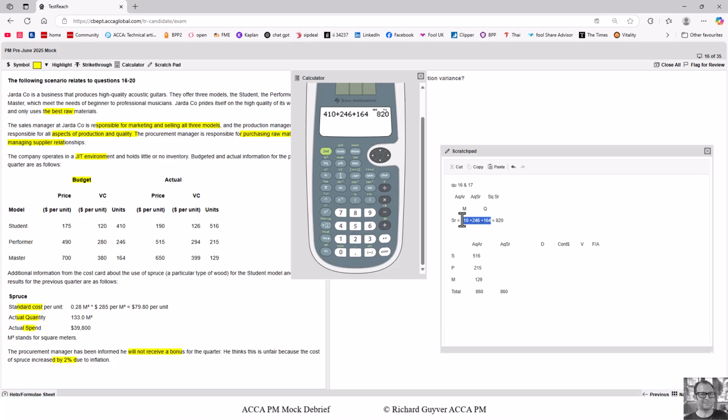In reality, I wouldn't type these out, I would just calculate that and work out the total. So what that means, in my standard ratio, for every 820 sold, 410 would be S, and I've noticed that's half. 246 would be P, and 164 would be M. Well, I can do the half very quickly, so I'm working out half of this 860, and then I do the 246 divided by 820, multiplied by the 860, is 258.